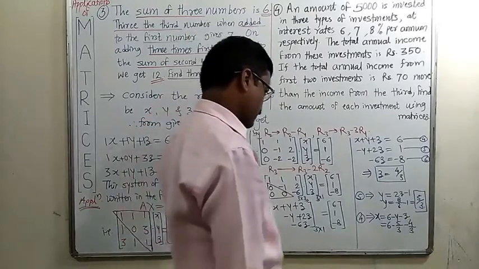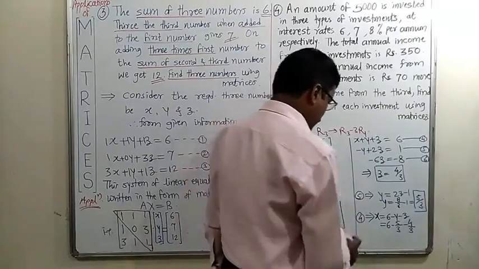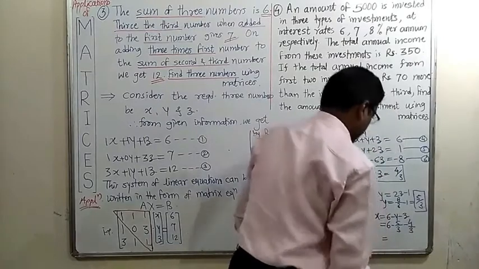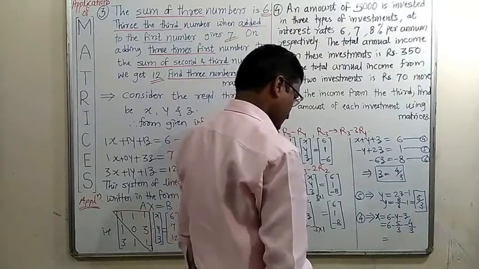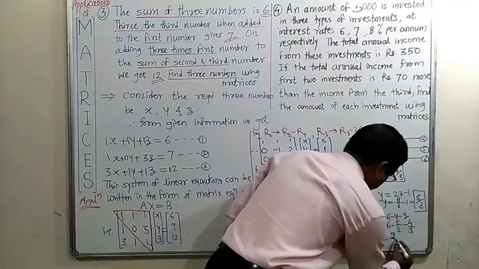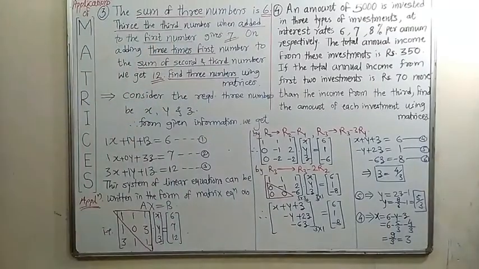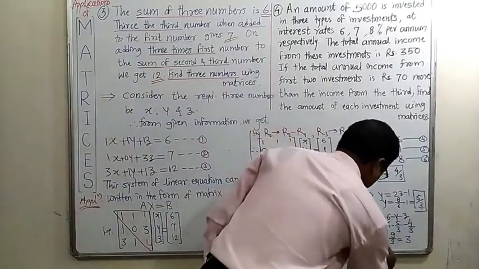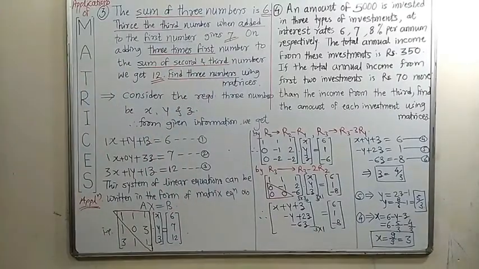So it becomes 18 minus 5 by 3 minus 4 by 3, that is 9 by 3, that is equal to 3. Okay, so x is 3. So x is equal to 3, y is equal to 5 by 3 and z equal to 4 by 3.